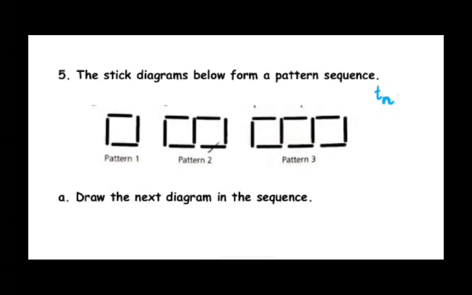The position of the term is equal to a plus n minus 1 d, where a stands for the first term, n stands for the position of that term, and d stands for the difference between two terms. So look at this thing.